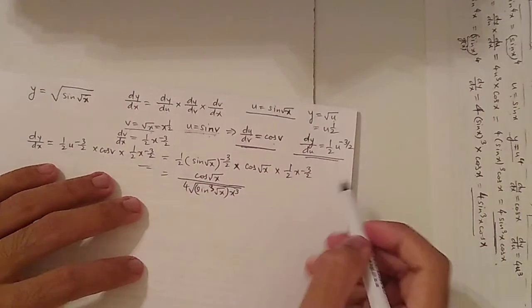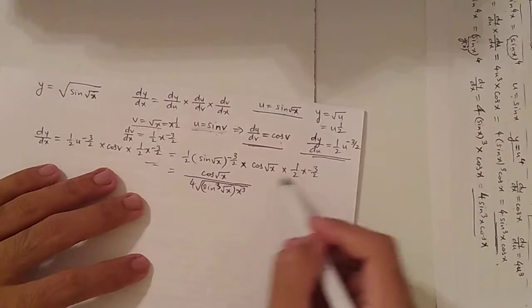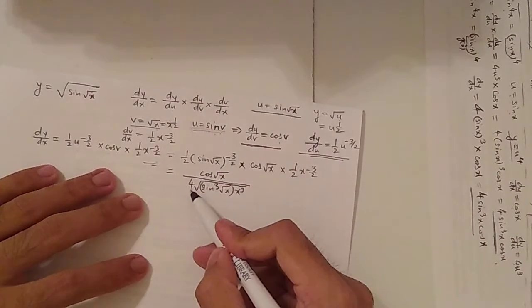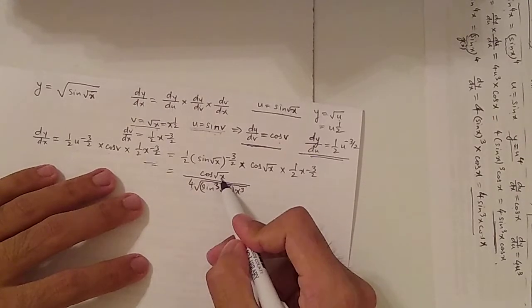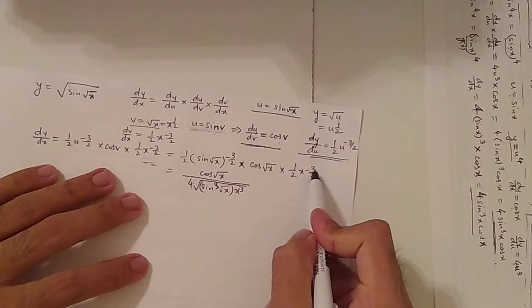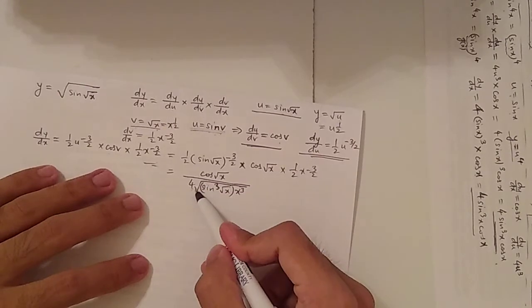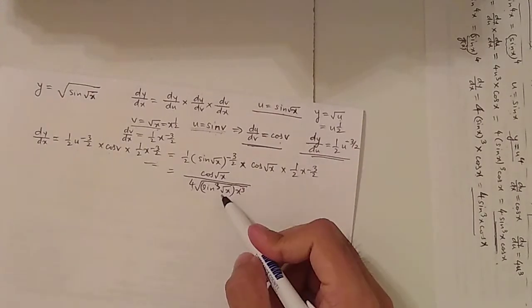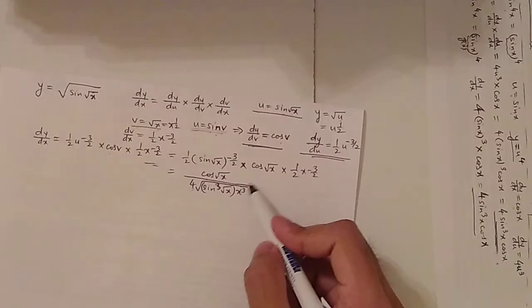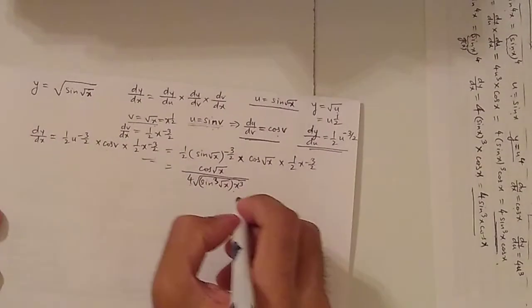That's the final answer. So 2 and 2 come over here as 4 in the denominator. We have cos root x, that's here. We have x raised to minus 3 by 2, that becomes root of x cubed in the denominator, and you have sine root x the whole raised to minus 3 by 2, which is root of sine cube of root x in the denominator. So that's the final answer.